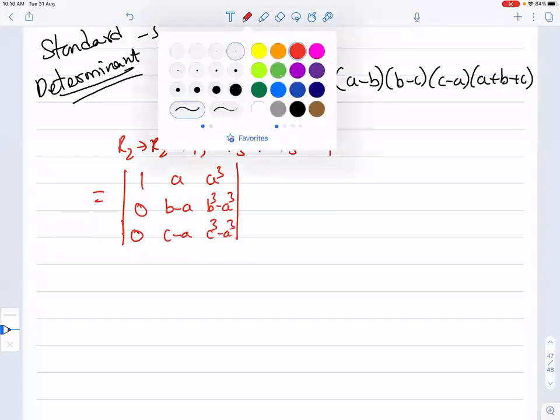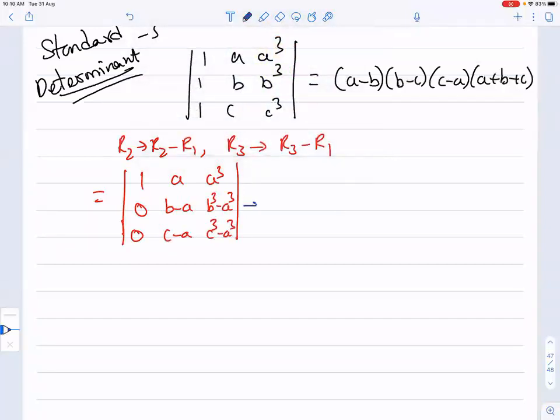And we are going to take b minus a out of this and c minus a out here. Correct now? See, in b cube minus a cube, its factorization is what? That is b minus a into b square plus ab plus a square. That's the factorization.